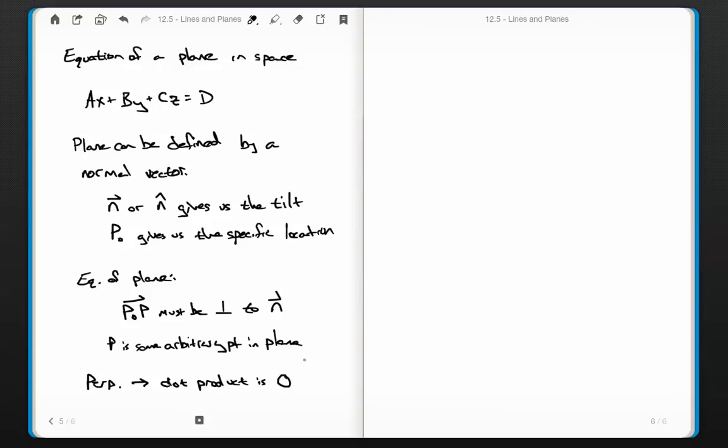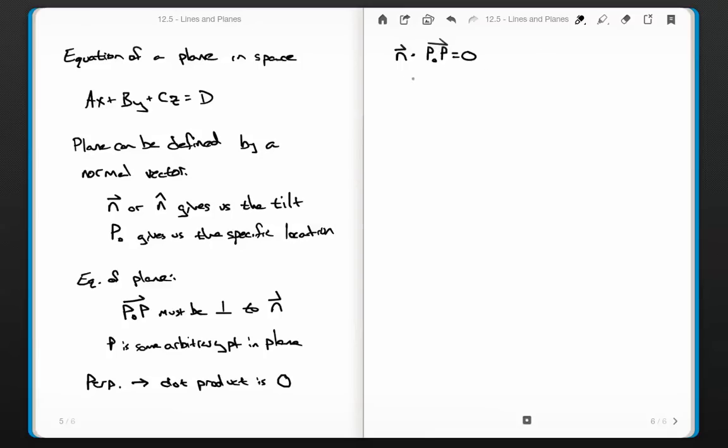So we could write that n dotted with the vector P0 to P has to equal 0, right? So the dot product between the normal vector and a line that lies on that plane, they have to be perpendicular, therefore the dot product must be 0.